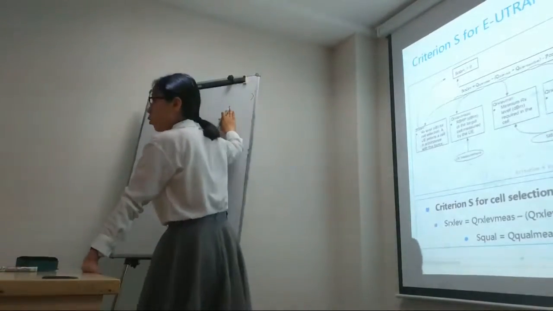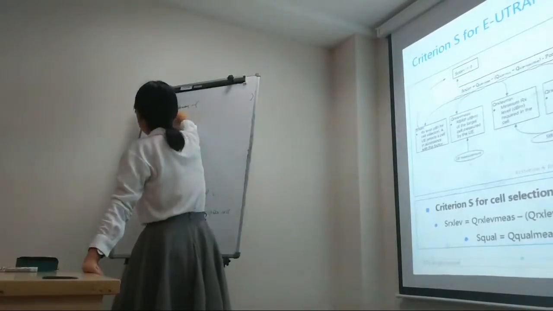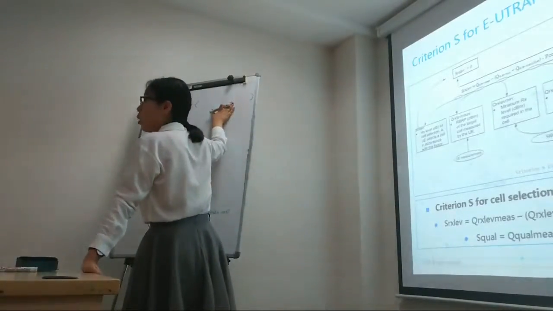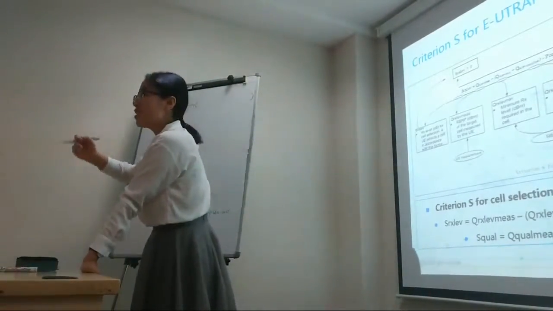This is the threshold. So if we measure the SRP greater than this threshold, we think the UE can select the cell.